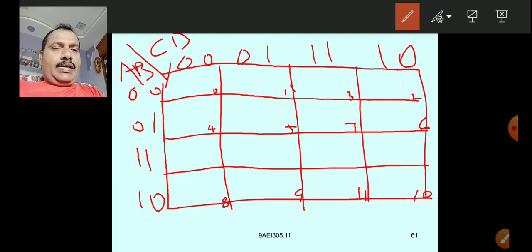Next 12 here, 13, 14, 15. So these are the cell numbering.